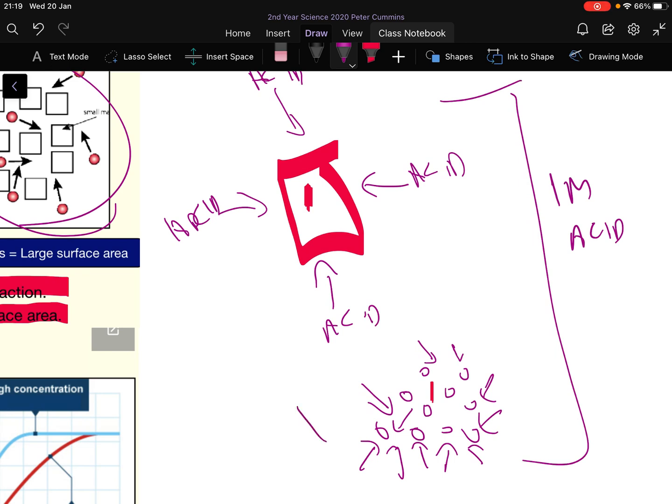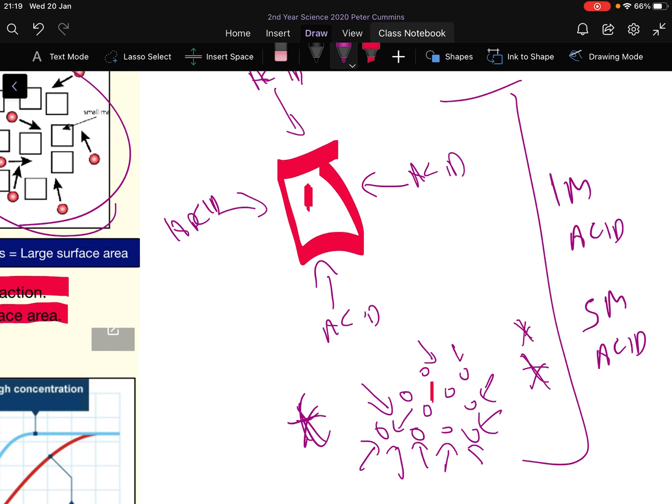And you'll still get a quicker reaction down here. But what if I say, right, instead of doing 1 molar acid, do 5 molar acid. That's your second one. What's going to happen is you're going to get a much faster experiment, or faster rate, down here.